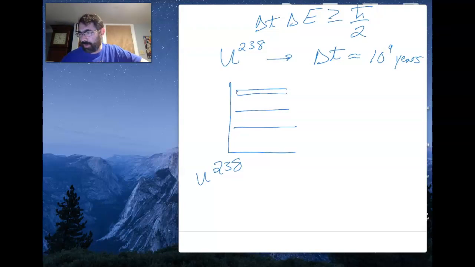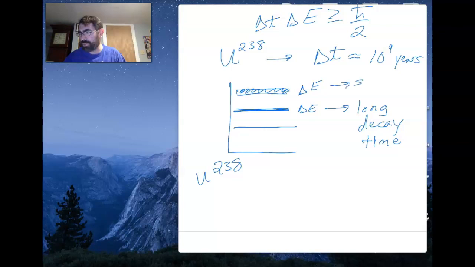Maybe one of them is not known as well, and so it has a larger delta E. This one is known really well, and so it's got a much smaller delta E. But that means this energy level has a very long decay time, whereas this one has a much shorter decay time. It's probably going to decay maybe in 1,000 years, or the range of decays is maybe only in hundreds of years. But that hundreds of years means I don't know the energy of that level as precisely.